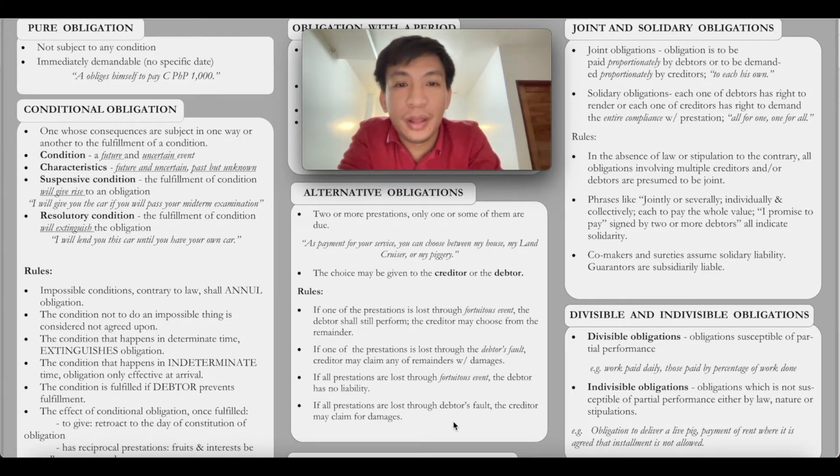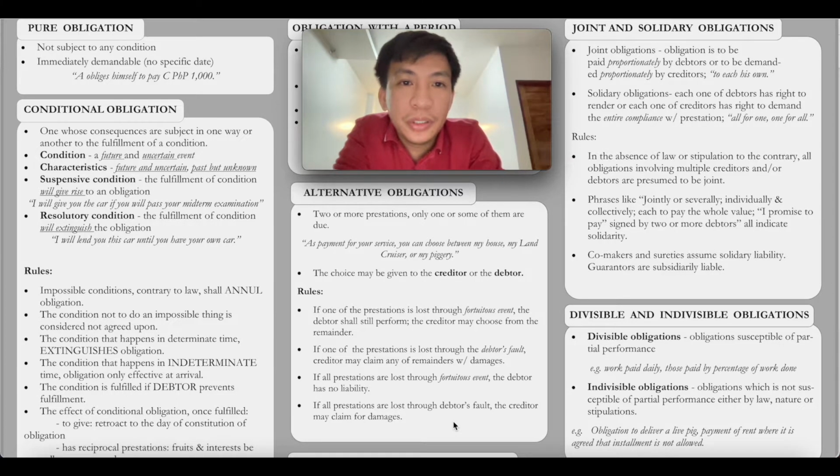Okay? Now, we often hear this, co-maker. Okay. What do we mean when we say co-maker? Kapag co-maker ka, ibig sabihin, solidary yung liability mo with the other debtor. Kumbaga, umutang yung kapitbahay mo sa lending.